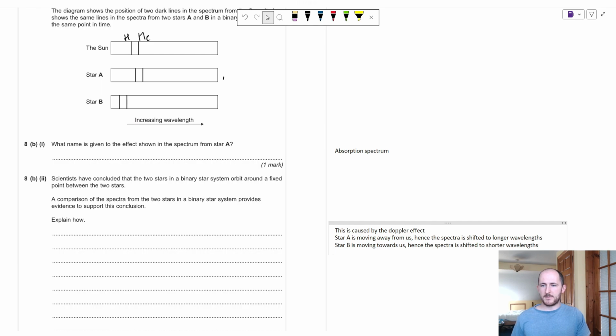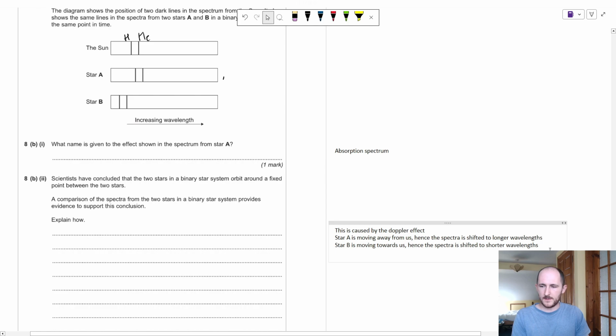I am 99% sure most of you won't know this from GCSE, to be honest. But it's the reason why, if you hear an ambulance or a police car driving really quickly towards you, the siren sounds really high pitched and frequent, and then as it goes past you, it sounds deeper and the sounds are further apart. This is the Doppler effect. Same thing happens with light coming from distant places.